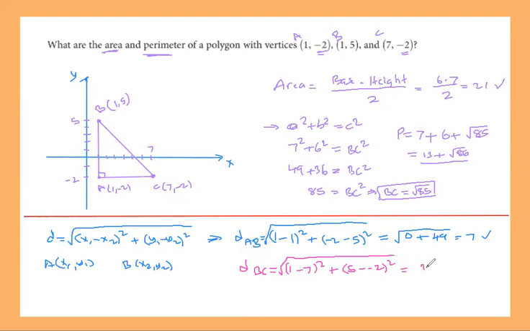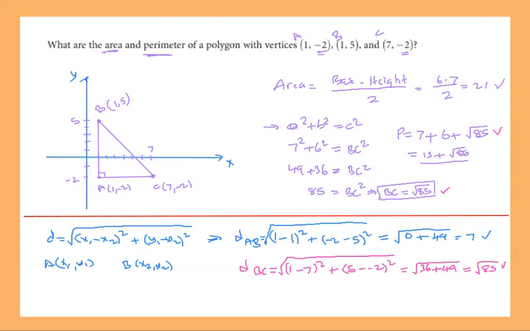If you square, you will get 36. And then since we have minus negative 2, that will be plus 2. 5 plus 2 is 7. Square will be just 49. And you do get root 85 again, which is actually good because we already had that right here. And that is confirmed one more time.